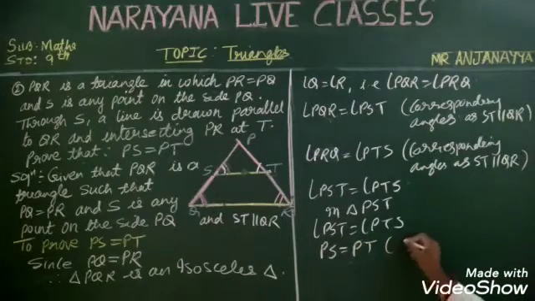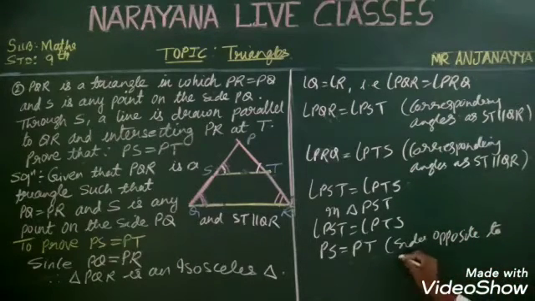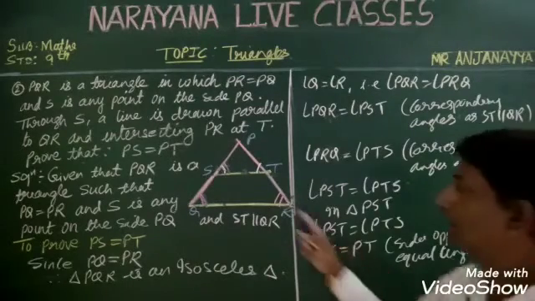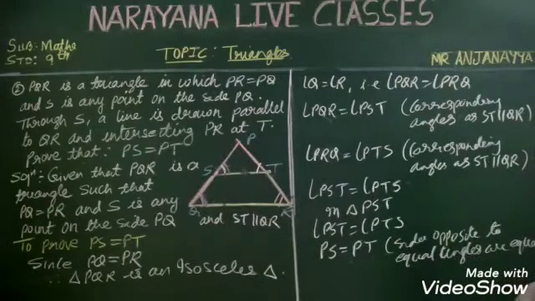You can say that sides opposite to congruent angles are equal. Therefore, I can say PS is equal to PT. That is my required proof. And if PS is equal to PT, I can also say it is an isosceles triangle.